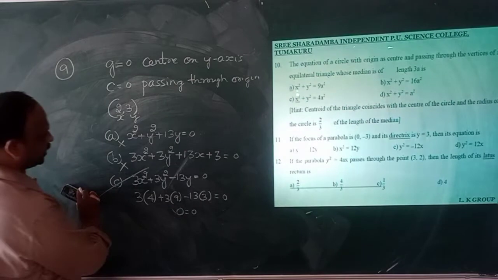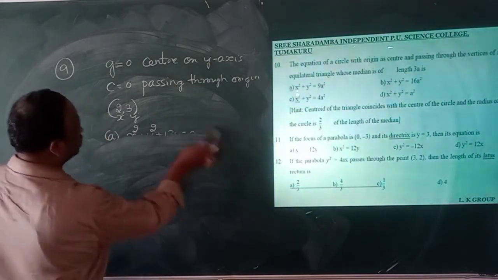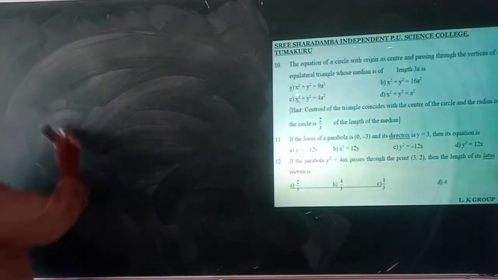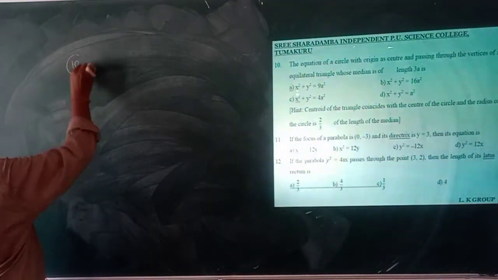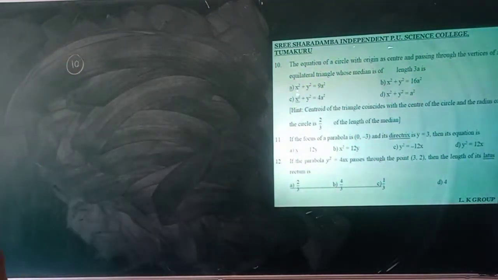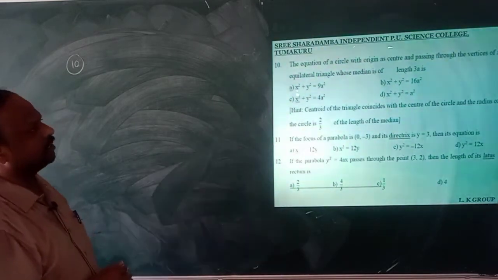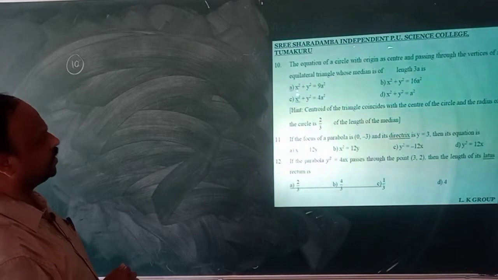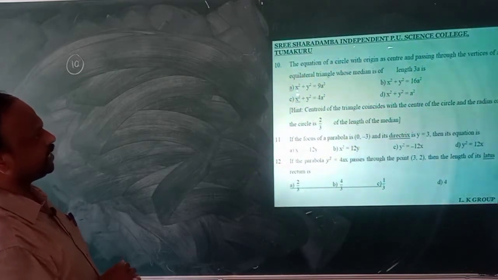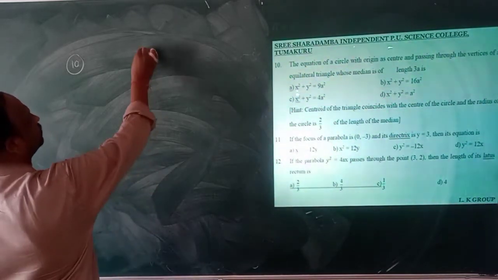Next, question number 10. Equation of circle with origin as center and passing through vertices of equilateral triangle whose median is of length 3a.